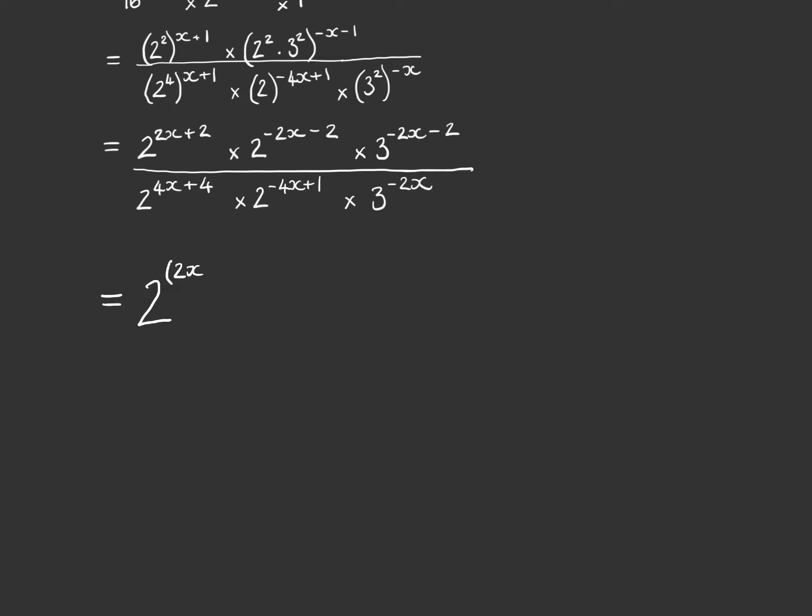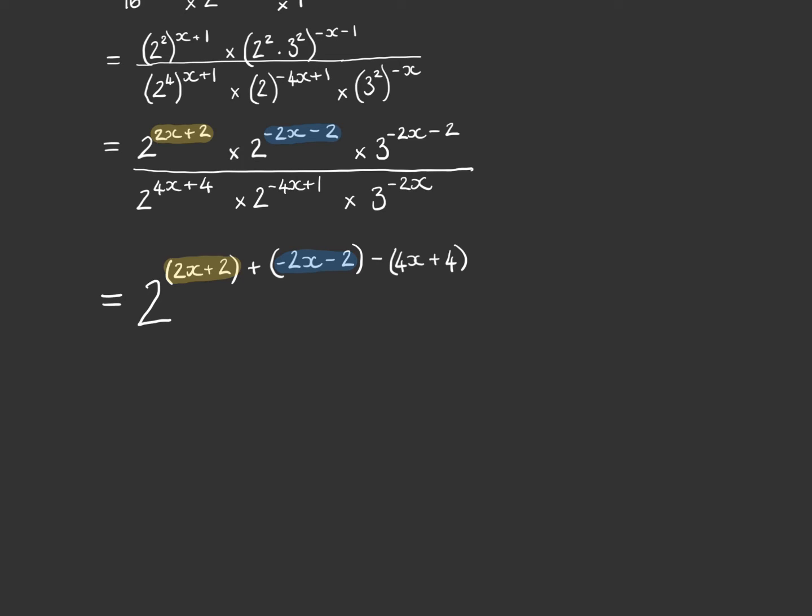So the first one I'm doing is, let's get a highlighter. We've got 2x plus 2. The next one I'm going to do is plus, and it's going to be the other one that's in the numerator, minus 2x minus 2. Let's highlight that in blue so that we know it comes from there. Now the ones that are in the denominator, we're going to minus from. So it becomes minus 4x plus 4.